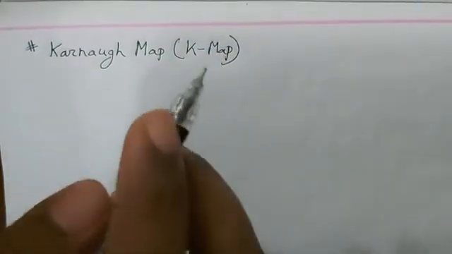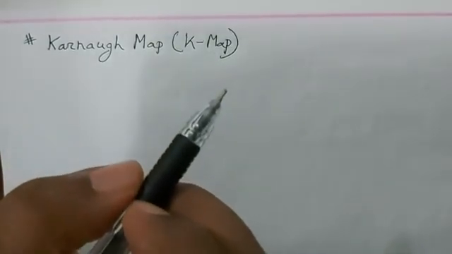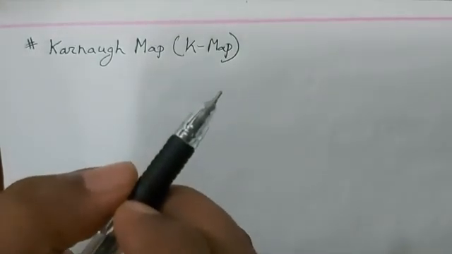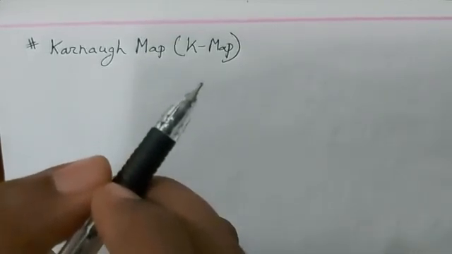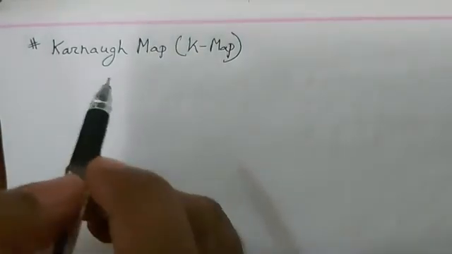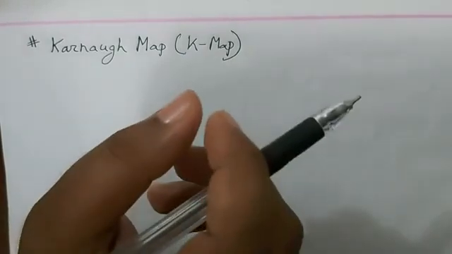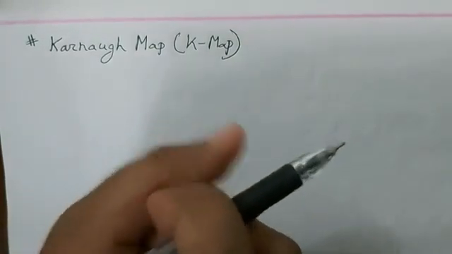And sometimes it's a bit difficult to find the most simplified form in that way, or sometimes it takes time to find the most simplified way. But using this K-map, we can find the most simplified equation of any Boolean function very easily.